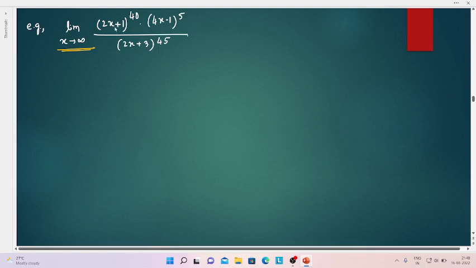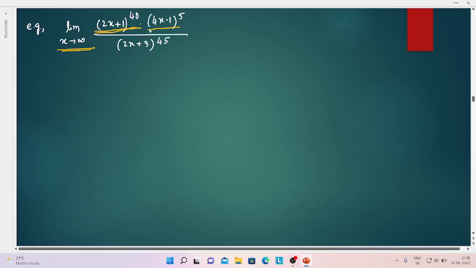But here you can see, if we expand this term, it becomes a polynomial expression of degree 40, right? There will be a polynomial which has x to the power 40 as the highest degree when you expand (2x + 1)^40, and when we expand (4x - 1)^5, we have degree 5.